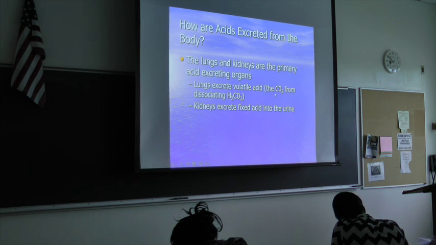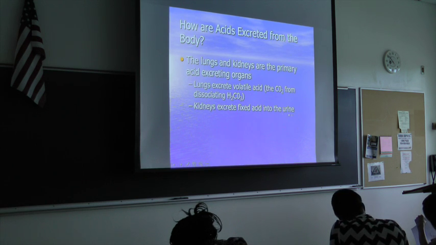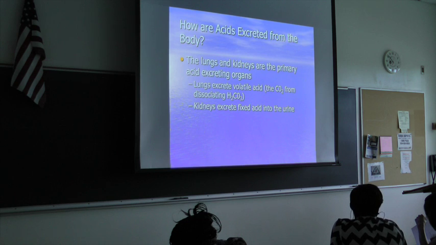It turns into CO2. It says lungs excrete volatile acid, the CO2 from dissociating carbonic acid. Kidneys excrete fixed acid into the urine. So those acids actually make their way through the kidneys and into the filtrate and into the urine.